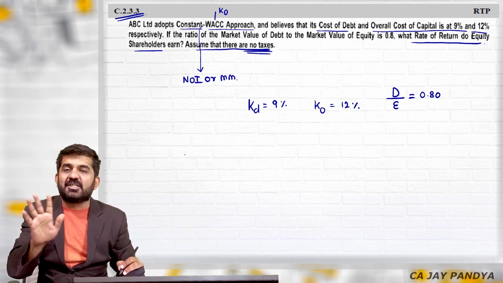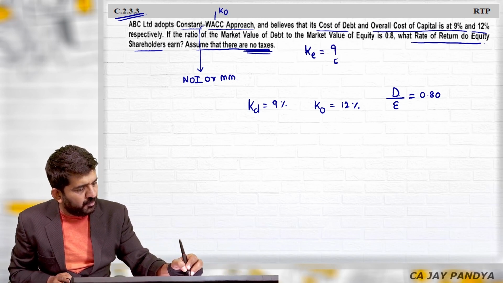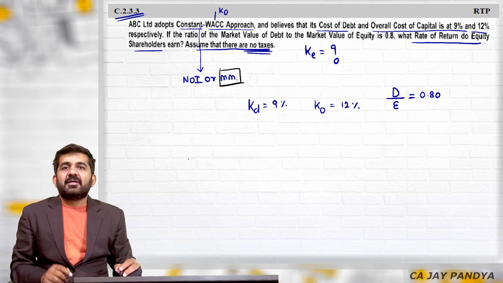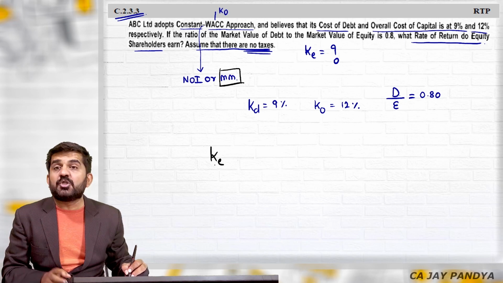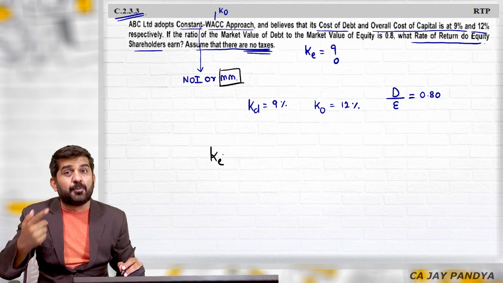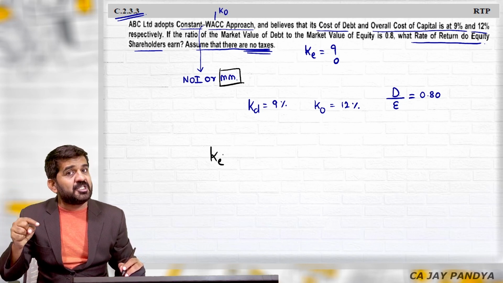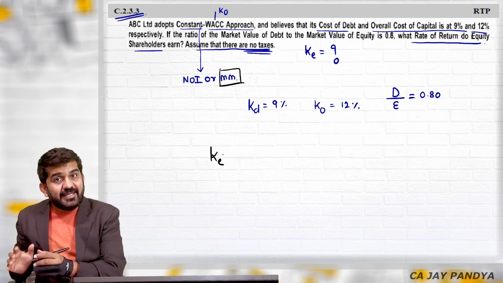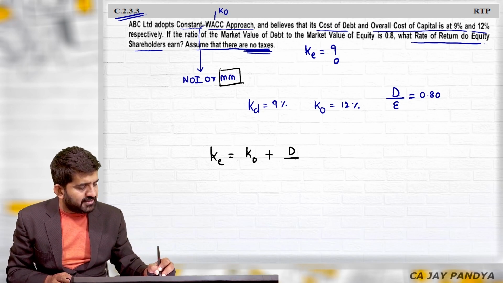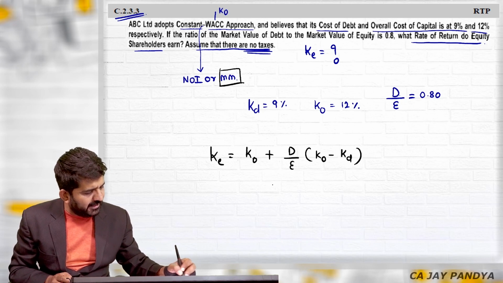Even if there were taxes, the KE formula remains the same. They are asking us, what is KE? We can easily solve it. MM gave the concept of KE, which we proved in the previous session. I am taking the formula right now, but we proved this formula by finding KE as earnings available to equity shareholders divided by value of equity, and then compared it with this formula: KE = KO + debt upon equity multiplied by (KO minus KD).